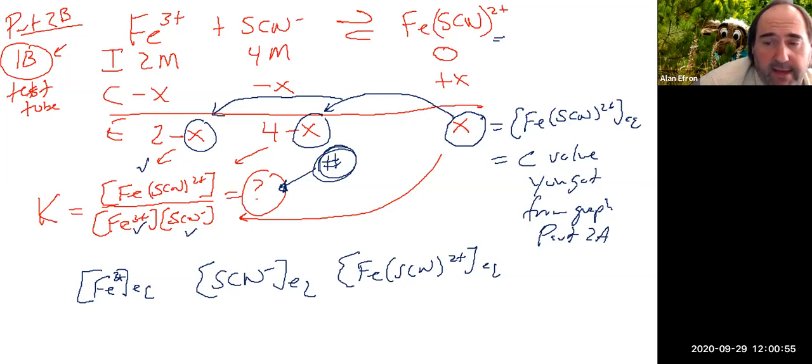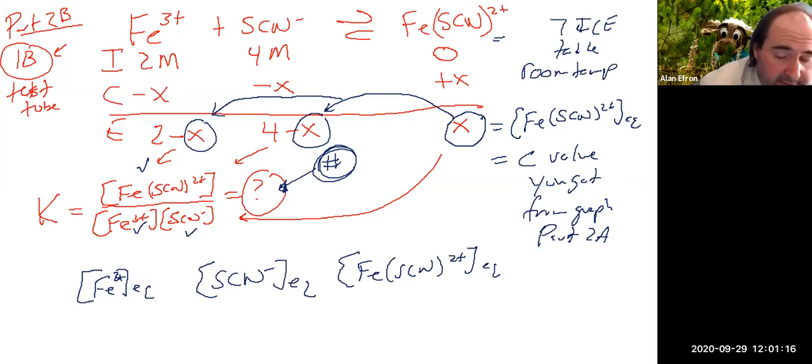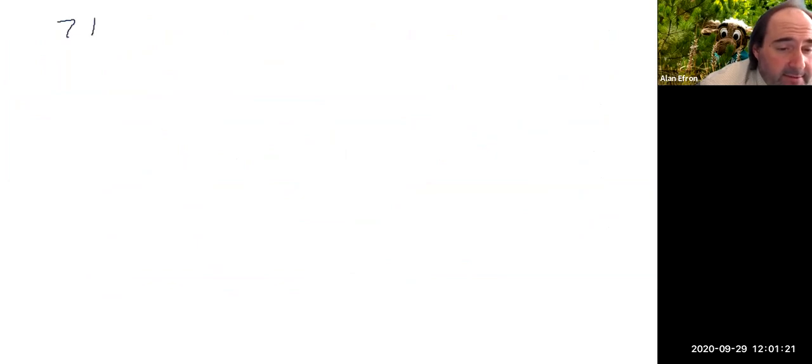The good news and bad news is you then need to do the exact same thing for test tubes 2B, 3B, 4B, 5B, 6B, and 7B. Technically speaking, that is 7 ICE tables that you need to do for room temperature. And if that wasn't bad enough, you then need to do the 7 ICE tables for the hot temperature.